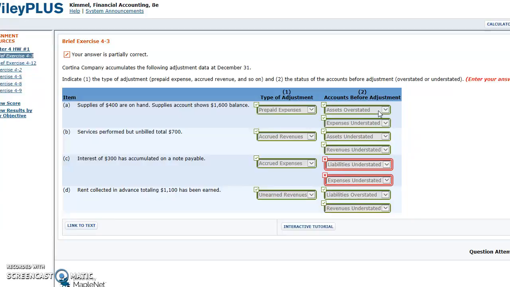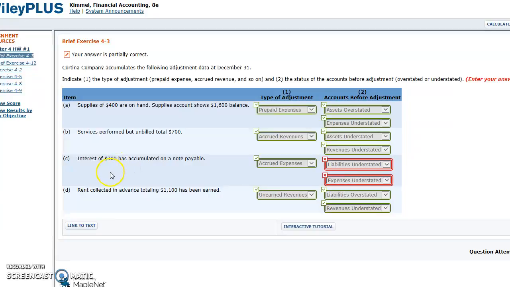So this is accrued revenue. It is a service we performed but have not yet received the money for, but we consider it as revenue. Even though we don't have the money on hand, we expect to get it because we already provided the service. Before adjustment, the account is asset understated, revenues understated.